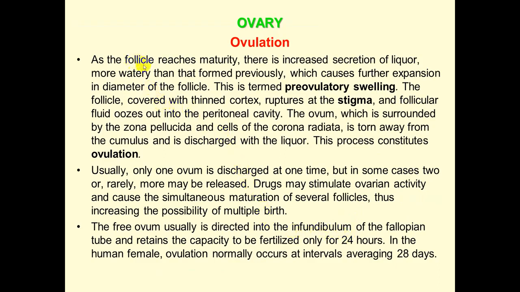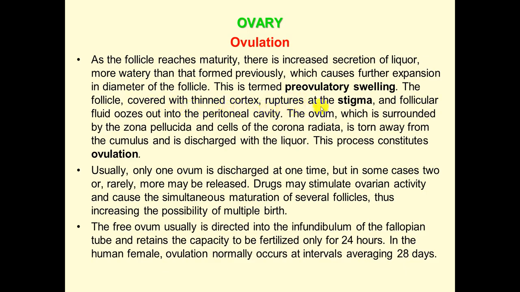If the follicle reaches maturity, there is increased secretion of liquor, more watery than that formed previously, which causes the expansion in diameter of the follicle. This is termed preovulatory swelling. The follicle covered with thinned cortex ruptures at the stigma.